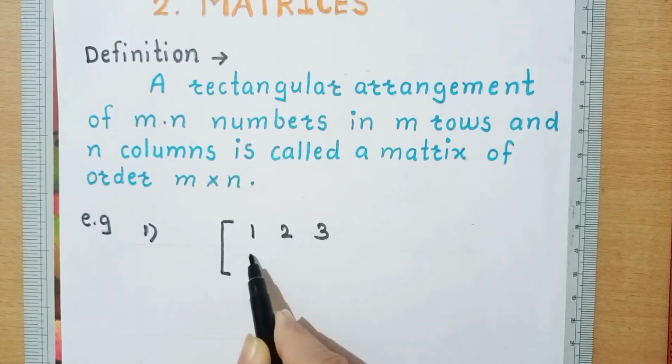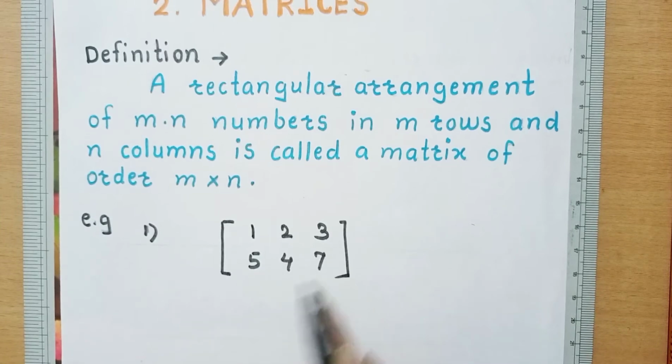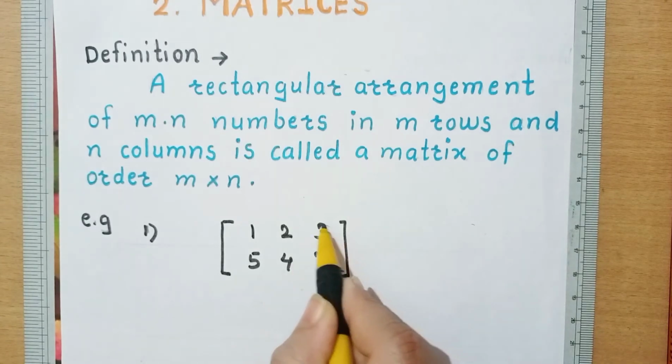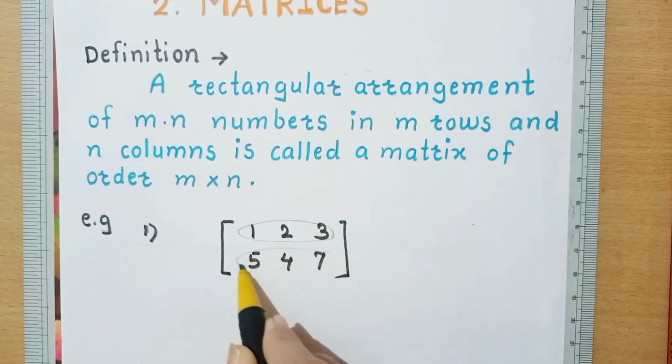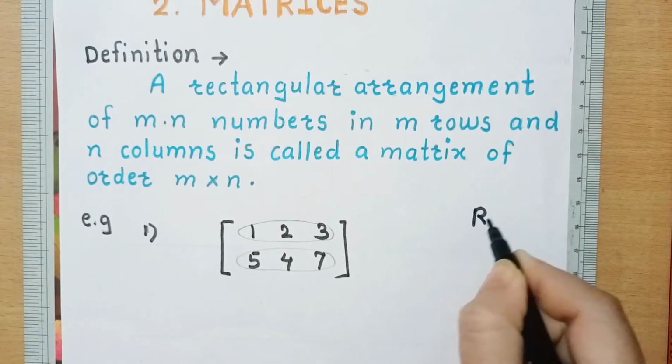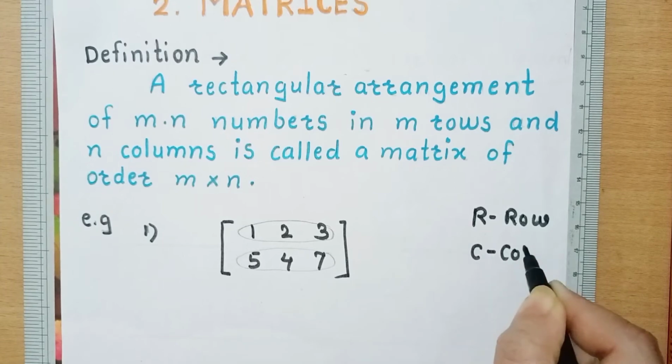1, 2, 3, 5, 4, 7. This is a matrix. Now here we can see this is the first horizontal line and this is the second horizontal line, and here we will denote the letter R for row, C for column.